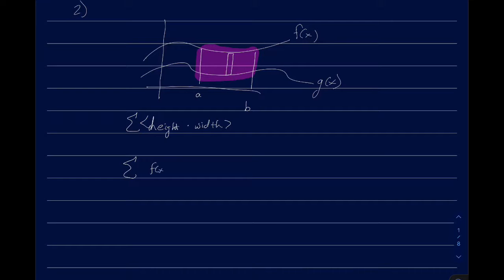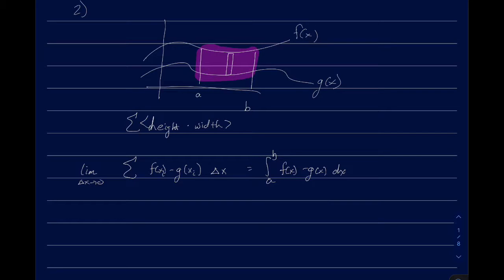So that's going to be f of x sub i minus g of x sub i times delta x, and we'll just take the limit as delta x goes to 0. And this will give us the integral from a to b of f of x minus g of x dx.